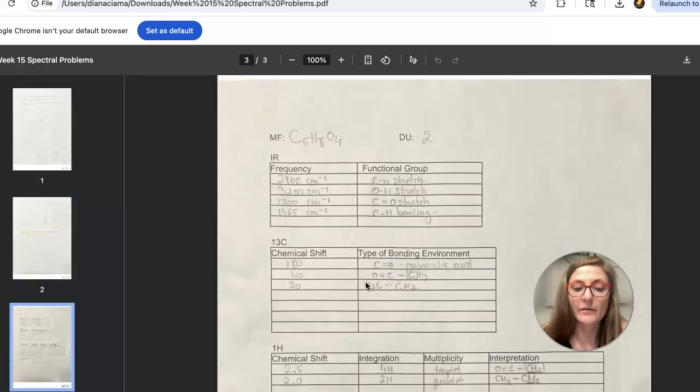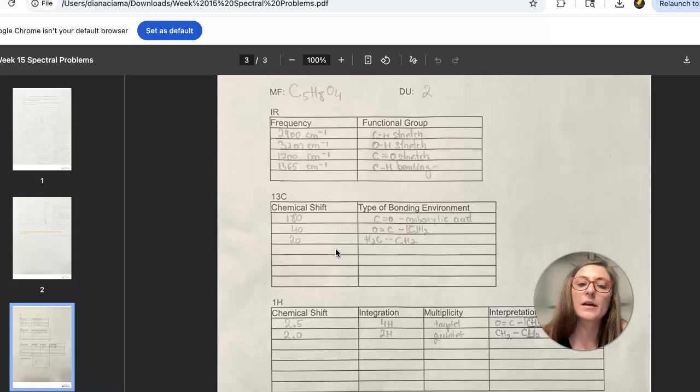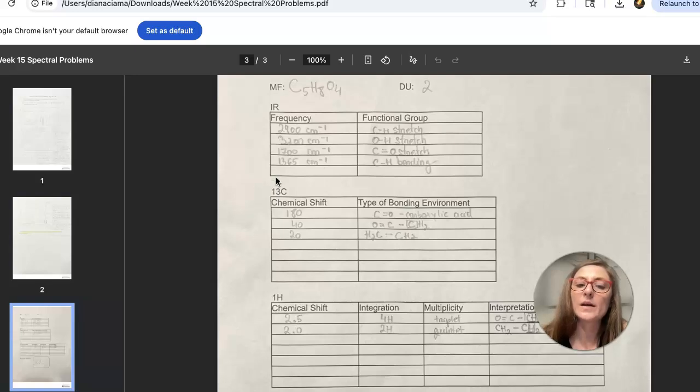At the bottom I have the molecular formula repeated, C5H8O4, degrees of unsaturation of 2. The IR spectrum identified functional groups are as shown: 2900 cm⁻¹ for the CH stretch, 3200 cm⁻¹ for the OH stretch, 1700 cm⁻¹ for the C=O stretch, and 1365 cm⁻¹ for the CH bending.